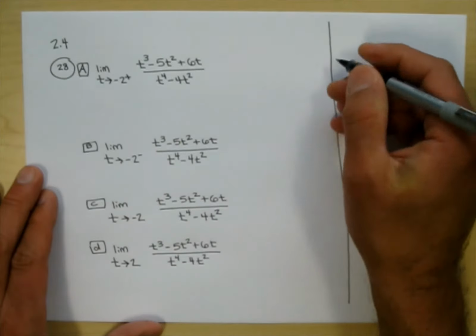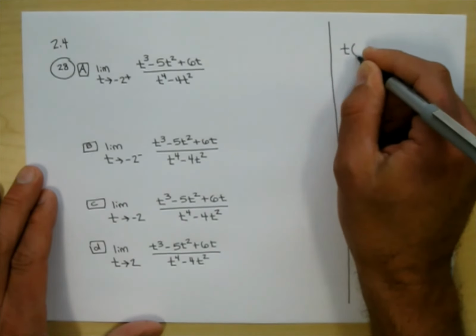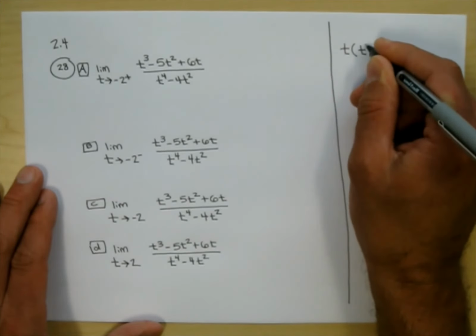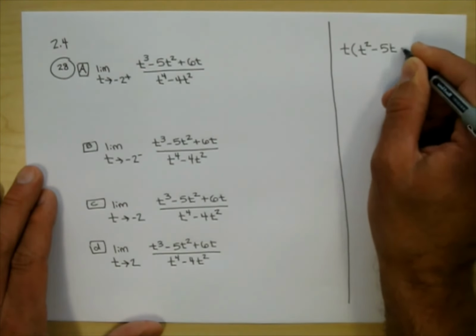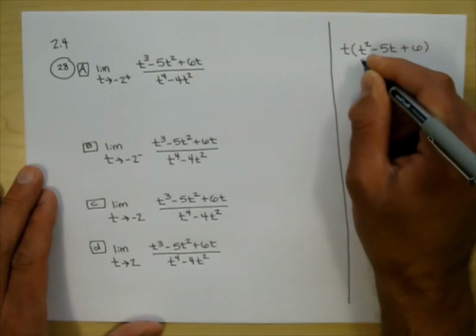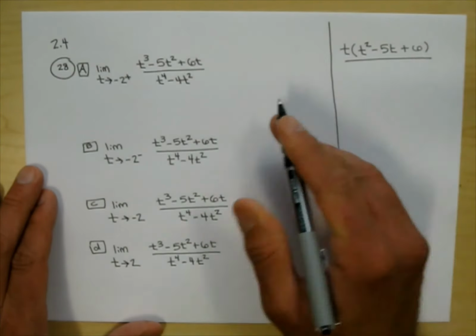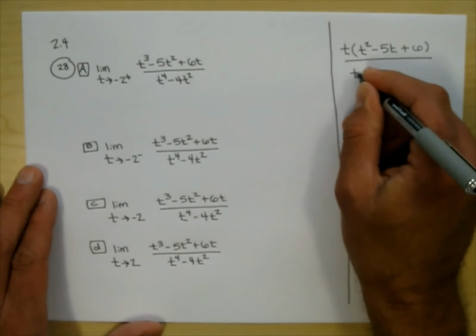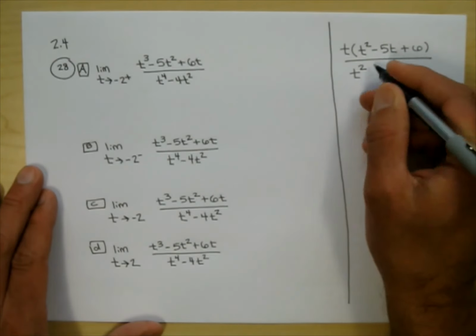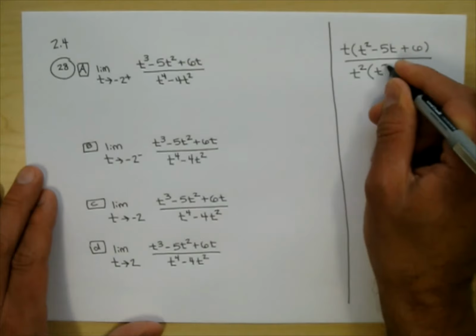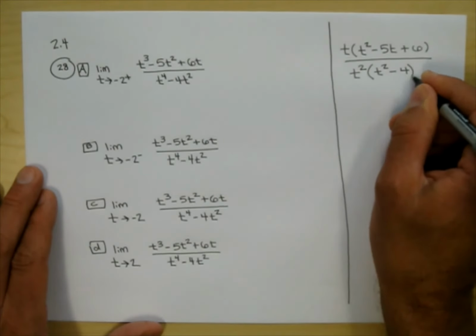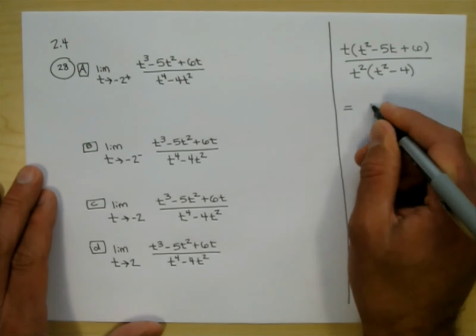So the top, I'm going to factor out a t. So this is t squared minus 5t plus 6. This is all over, and then I can factor a t squared out. t squared, and then we have t squared minus 4.